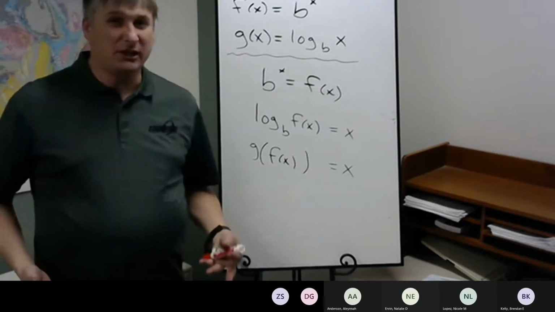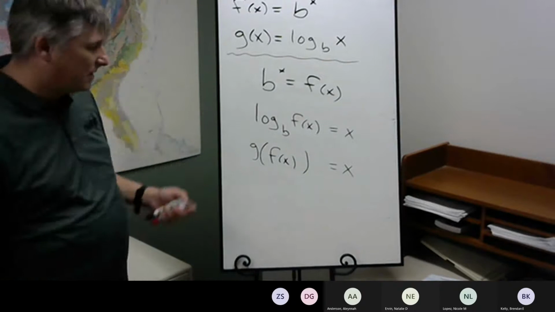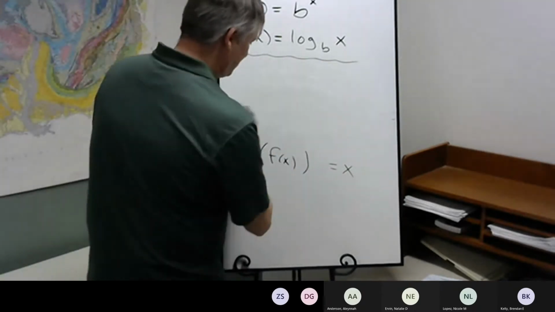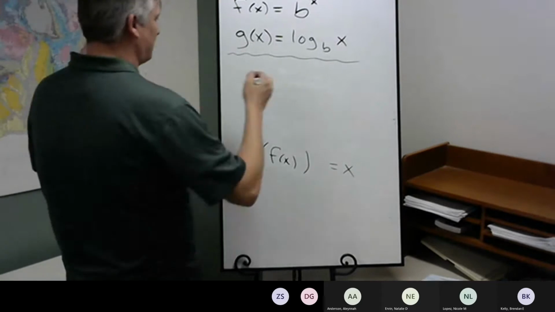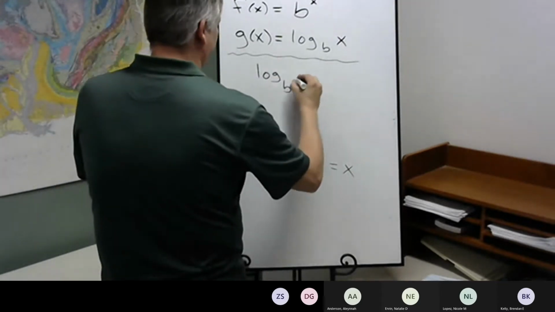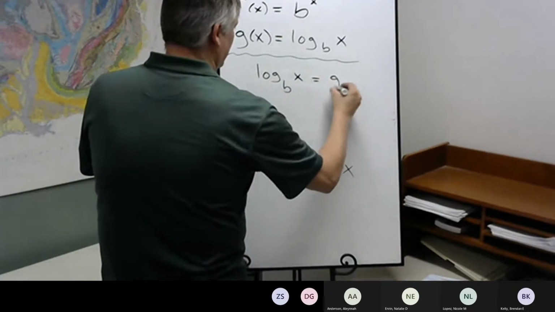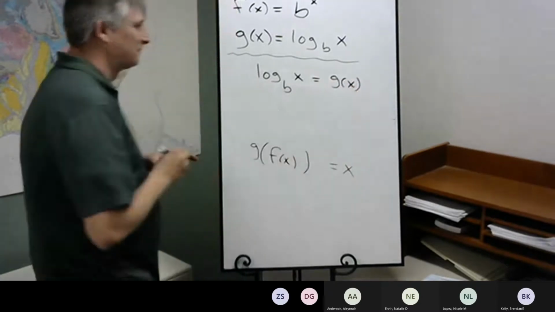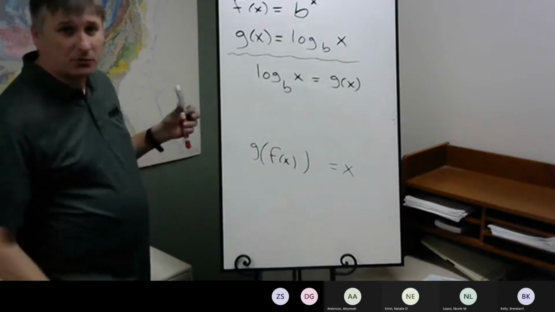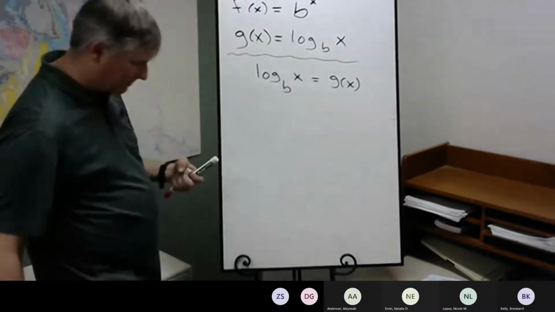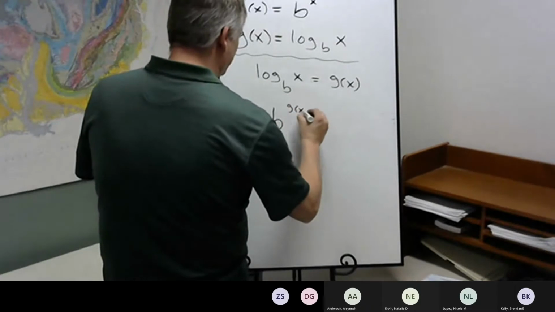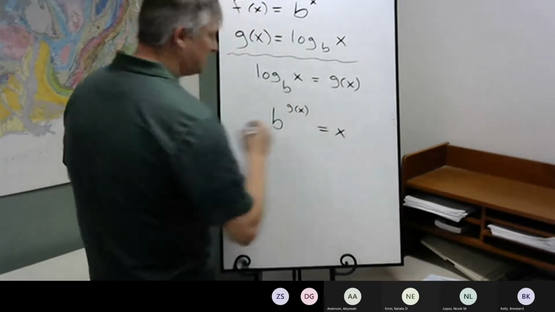What about f of g? What does that give us? Now, let's see. So log base b of x is g of x. So if we put this in exponential form, we get b to the g of x is equal to x.